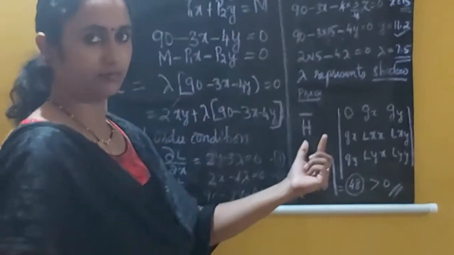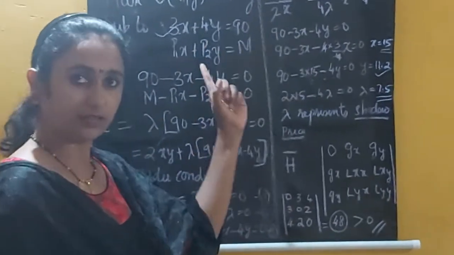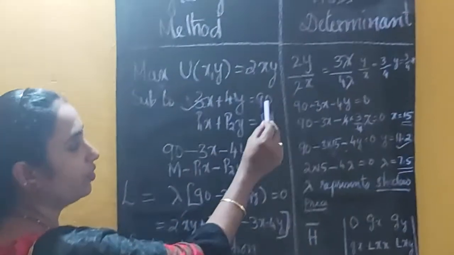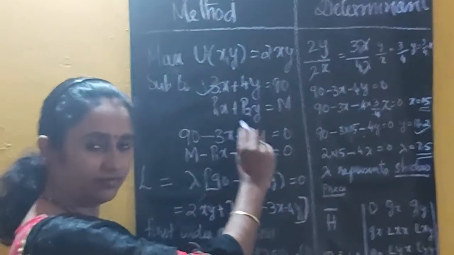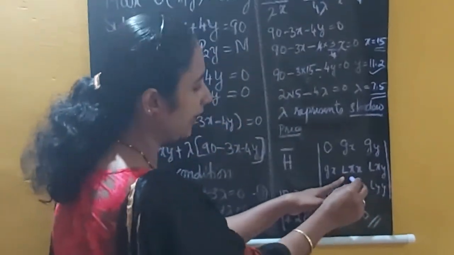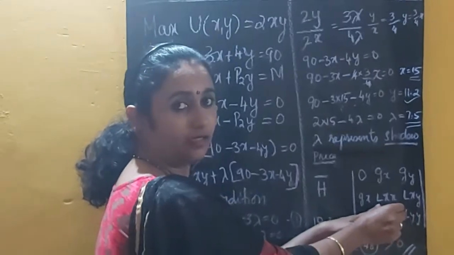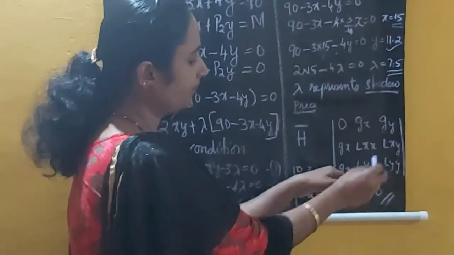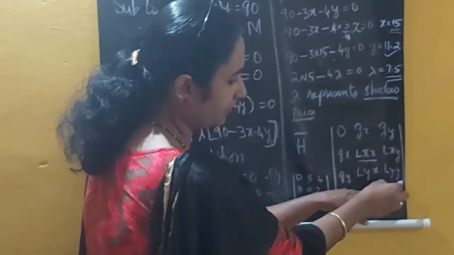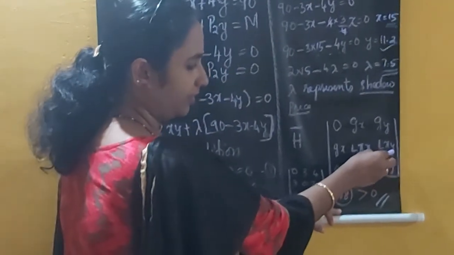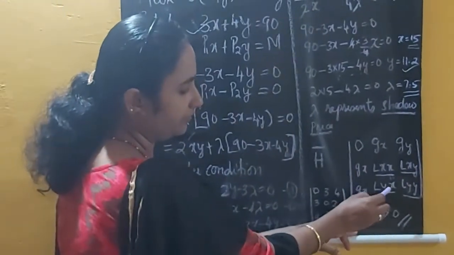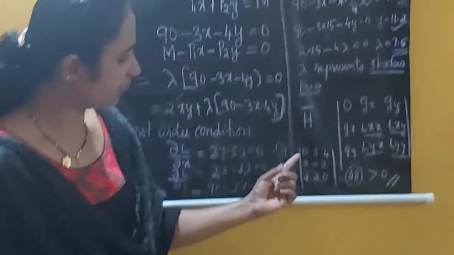So the first order differentiated value of the constraint is bordering the second order Lagrange determinant. So here the values are this.